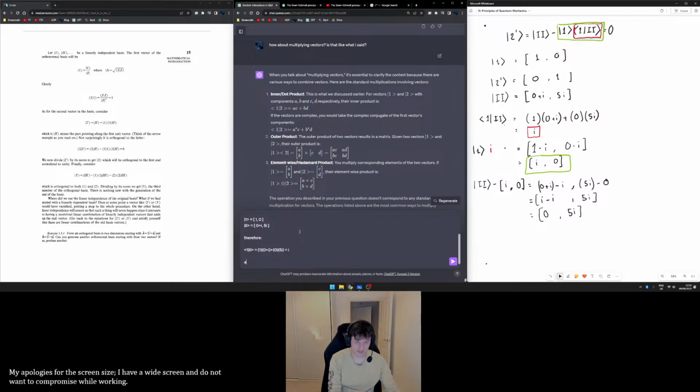Therefore, 1 multiplied by I, or let's just do this, equals 1 multiplied by I is equal to, well, let's just do the whole thing here.